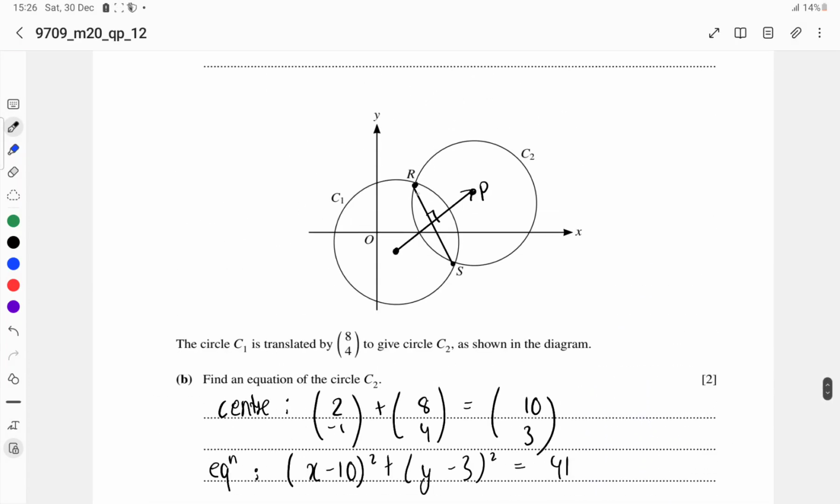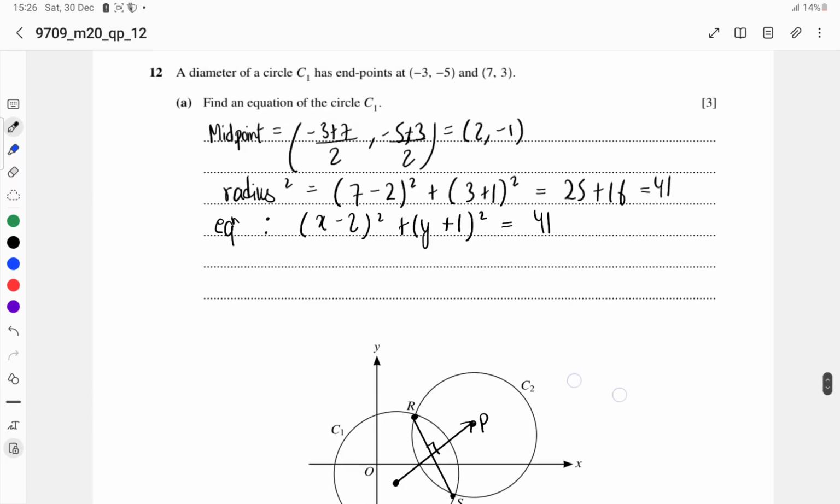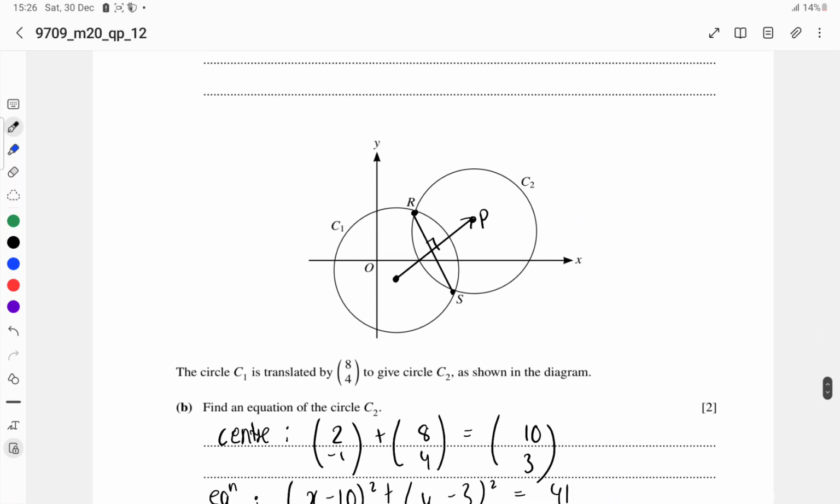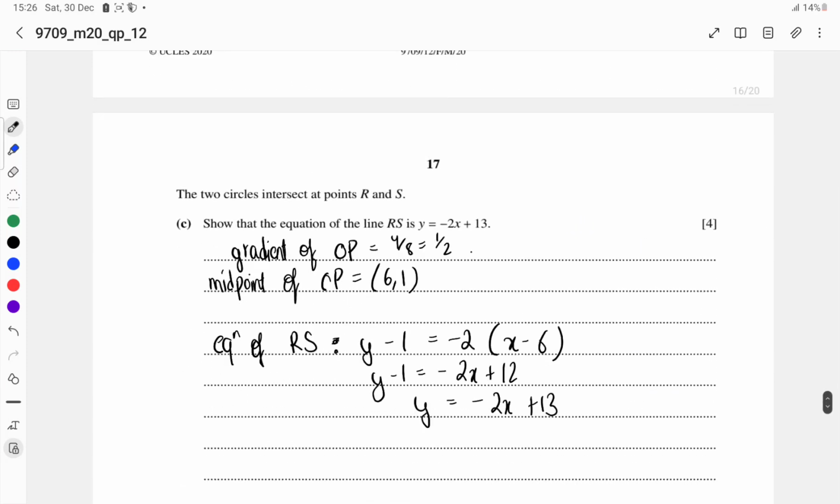Where are the points R and S? The x coordinates of R and S are over here. Then after, what we need to do is equate these two circles. When we equate these two circles, we are going to get the possible values of R and S, so we are going to get that equation, and when we simplify the equation, we get it, right?